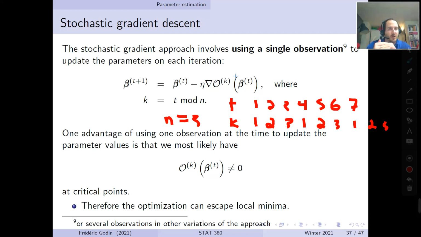And once you've gone to the end of the data set, then you go back to the top and start going through observations again to have estimates of these gradients. And by estimates, I mean it's kind of estimates of the overall gradient, but where you sample only one observation to use its single component instead of summing all components of all observations.